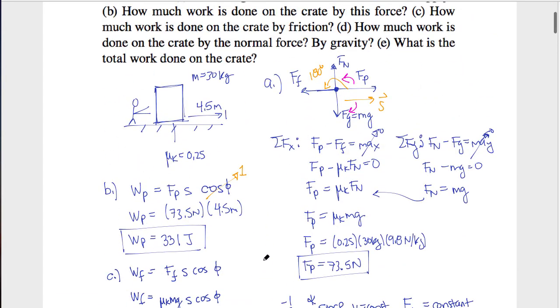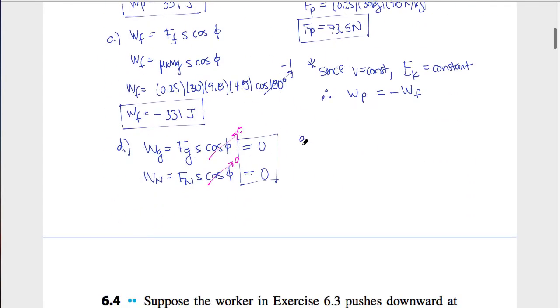Now, E asks, what is the total work done on the crate? Well, total work is just the sum of all of the individual components of work. So that would just be work done by the pushing force, plus work done by friction, plus work done by gravity, and work done by normal.